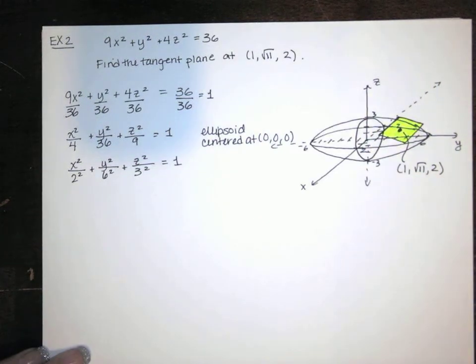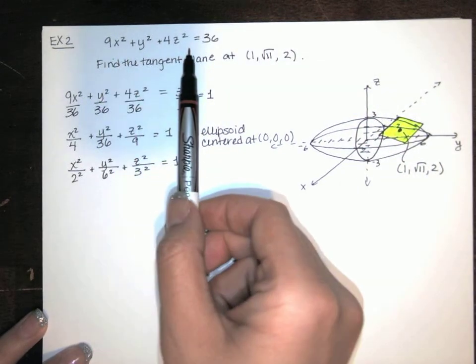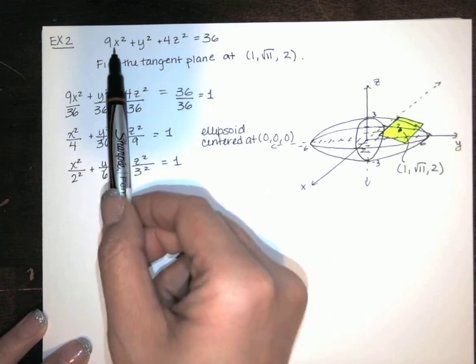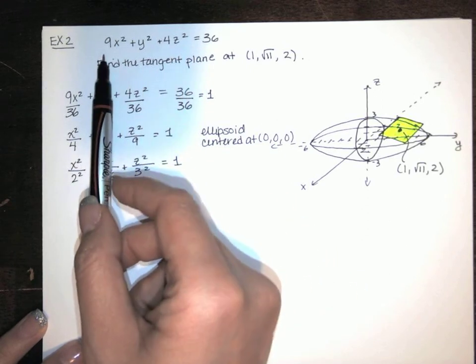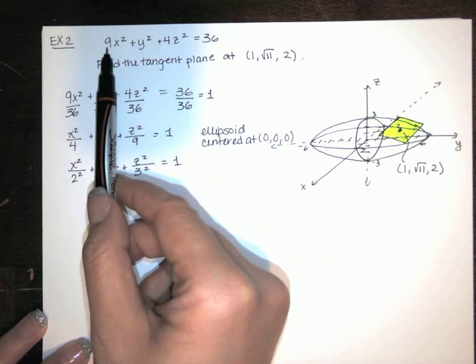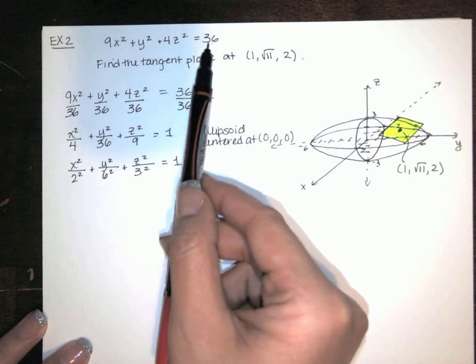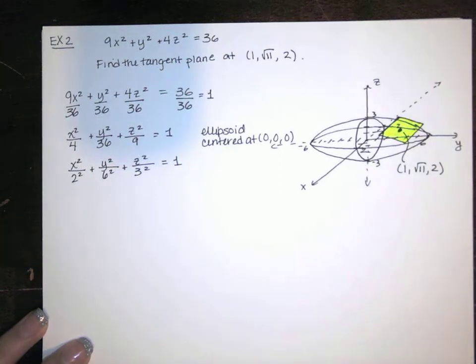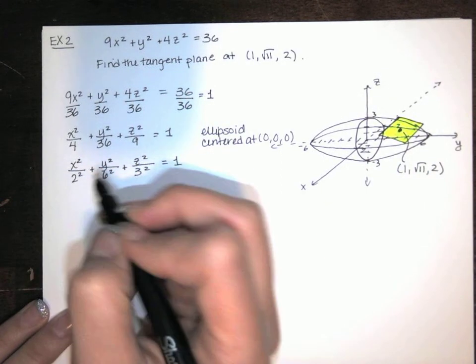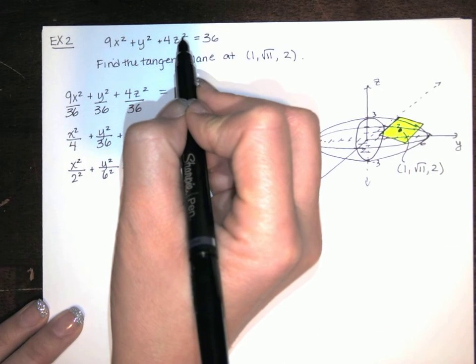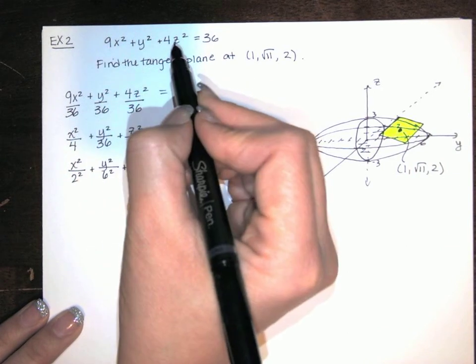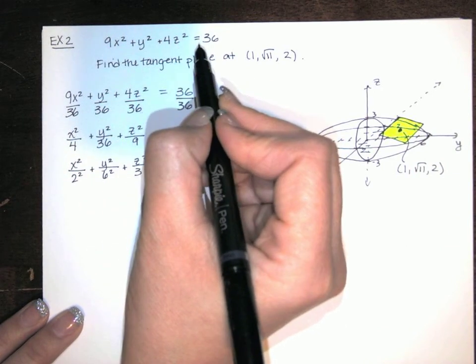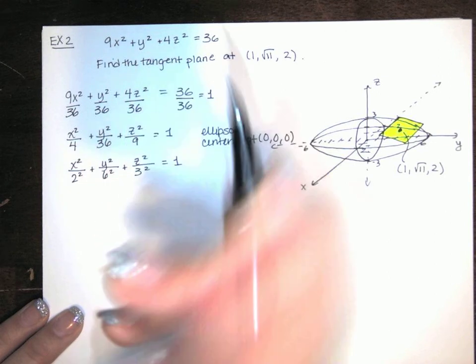So all we have to do this time is find capital F and find its gradient. Well, since we weren't given z as a function of 2 variables, we already have capital F here, almost. We're used to setting capital F equal to 0, so you could subtract the 36 from both sides. Or you could think of this as a level surface, f of x, y, z equals 36.